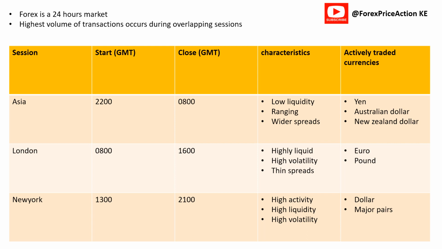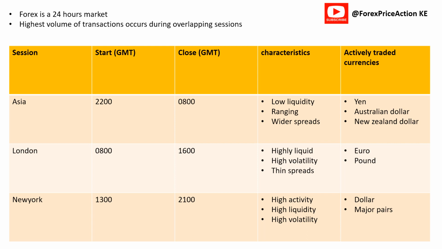The London session will begin around 10-11 a.m. Kenyan time and close around 7 p.m. to 8 p.m. Kenyan time. Remember, Kenyan time is GMT plus 3. The New York session will typically begin around 3 p.m. to 3:30 p.m. and end around midnight.